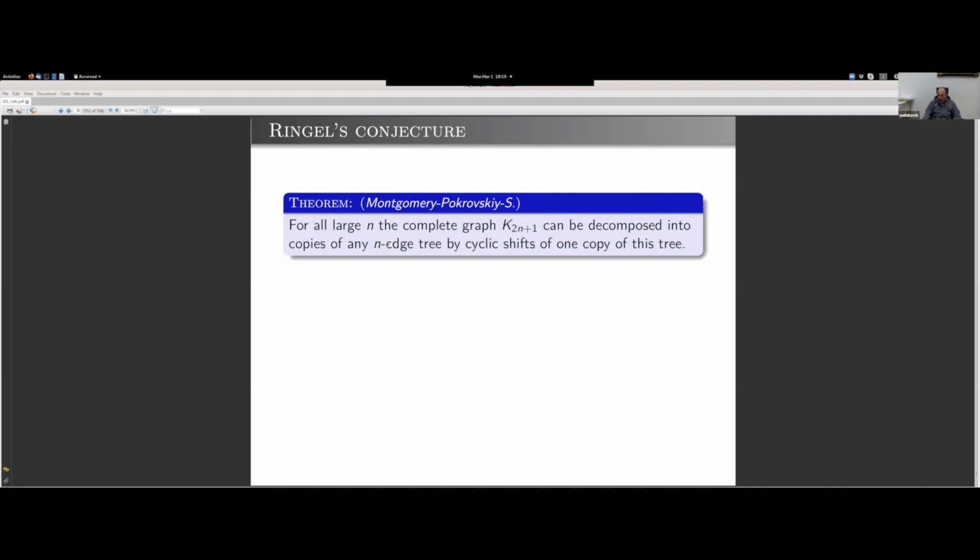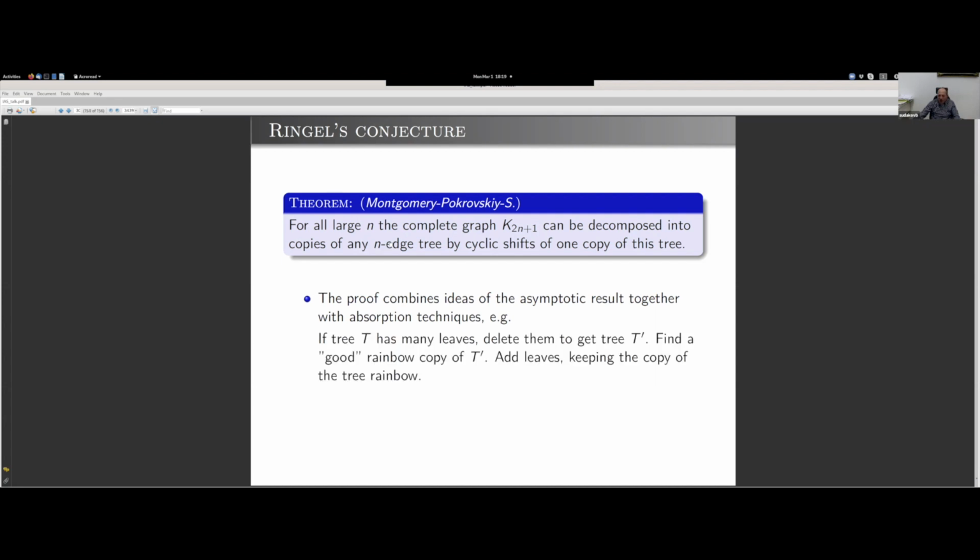And moreover, you can do it by finding one copy of your tree and then cyclically shifting it. Okay? So again, this is quite an involved paper, so obviously I will not have time to talk about this. Let me just say that the proof combines the ideas from this asymptotic result, which I mentioned on the previous slide, with something called the absorption technique, which very roughly says the following.